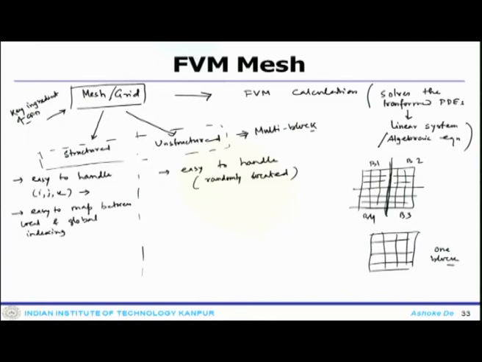That means you go from i, j, k to n, n plus 1, and so on. This local to global indexing is very essential.